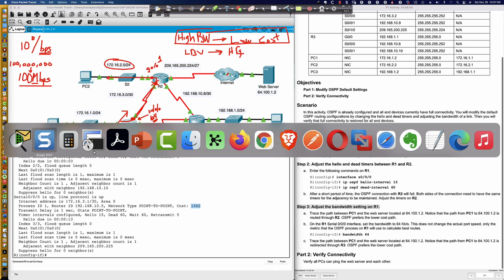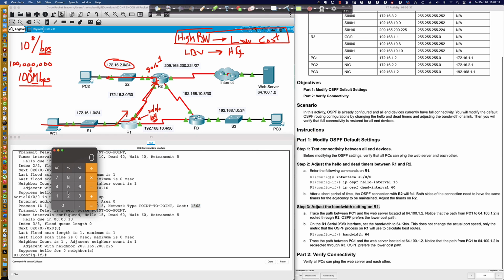OSPF is auto-magically calculating my cost based on a reference bandwidth of 10 to the 8. So 10 to the 8, divided by the speed of the interface in bits per second. Remember, these are bits per second when performing the calculation. So it's 100 million, for 100 megabits per second, divided by, not the cost.